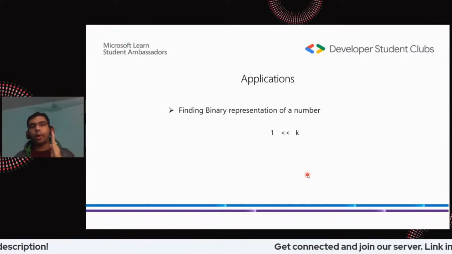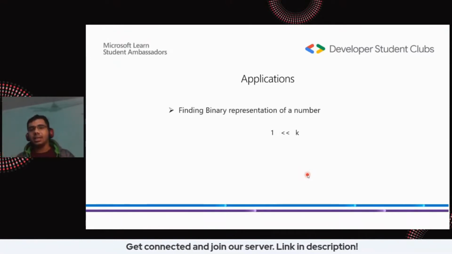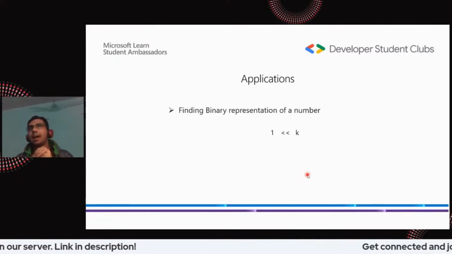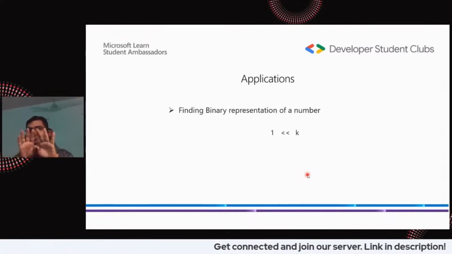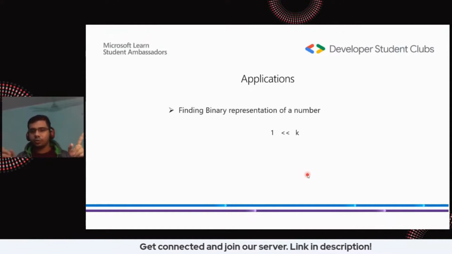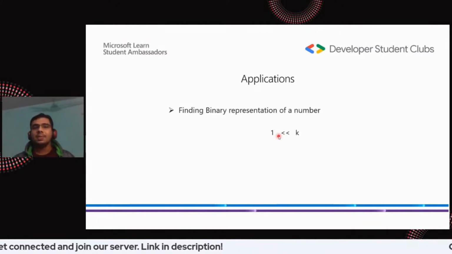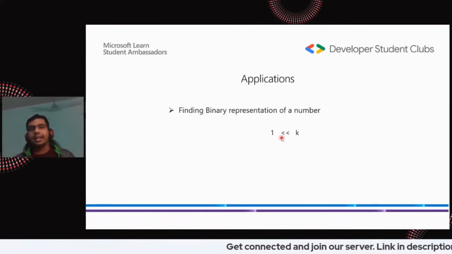Say we have the number 1 and we are left shifting it by k bits. Look at the binary. At the kth position, you will find 1 and all the other bits will be 0. Because the binary of 1 is 31 zeros and then a 1, right?